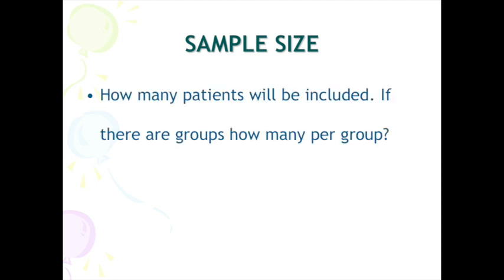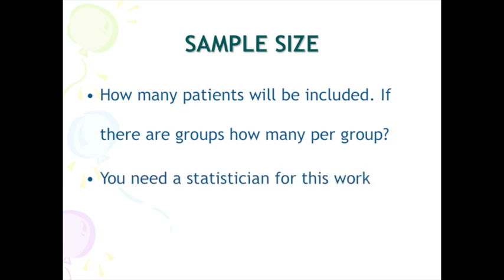One of the important sections of the methodology chapter or section is the sample size. For example, how many patients or participants or students will be included, and if there are groups, how many per group. And sometimes you may need a statistician for this work.